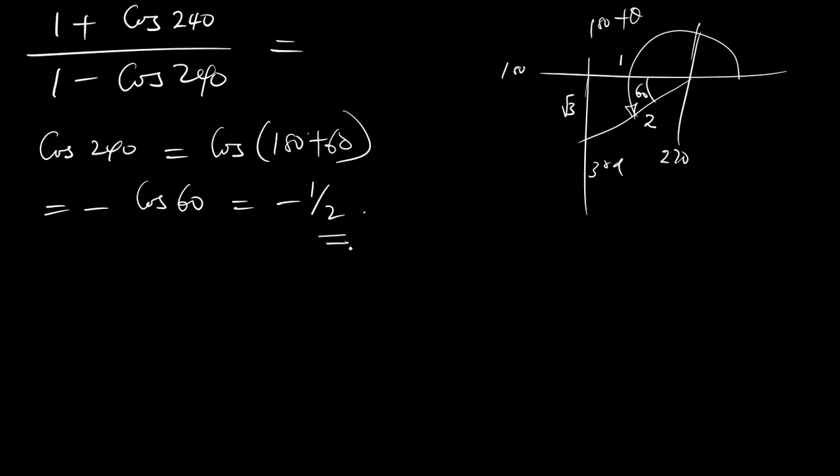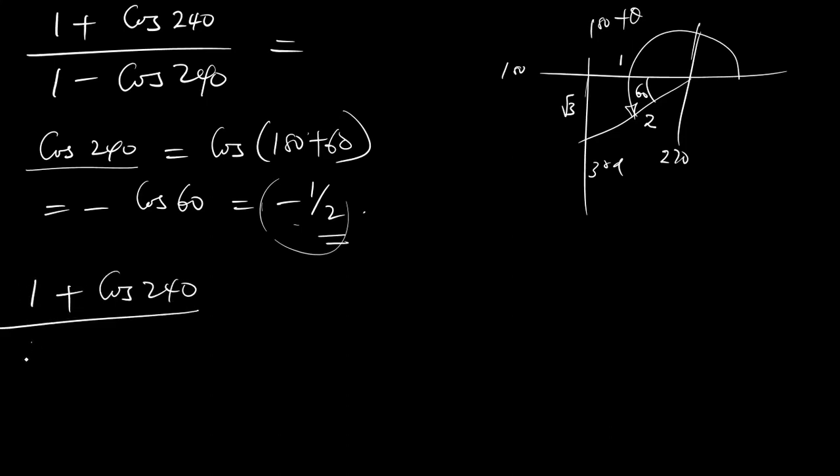Now we have gotten this. Now let's substitute anywhere we see cos 240, we substitute minus 1 all over 2 into the equation. So we have 1 plus cos 240 divided by 1 minus cos 240.